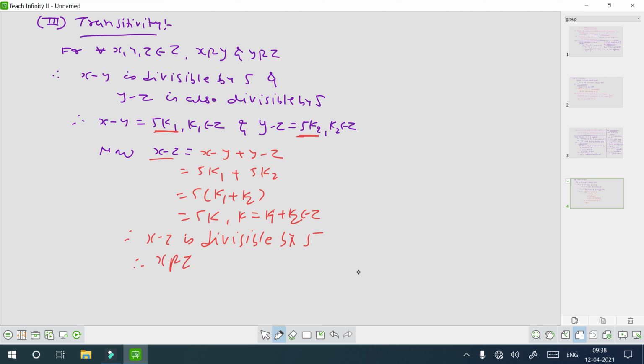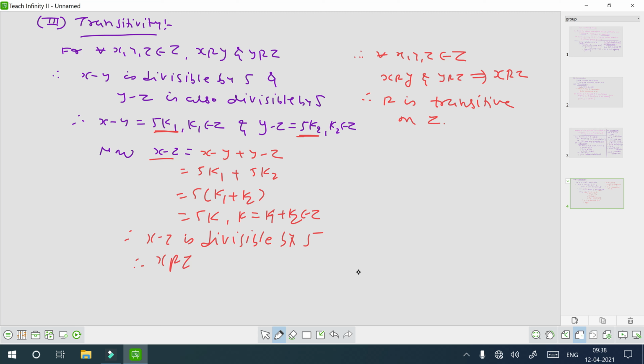So what we proved? For all x, y, z belongs to Z, x R y and y R z implies x R z, and therefore it is a transitive relation, and therefore R is transitive on Z. Here we can write that R is also an equivalence relation. Why?